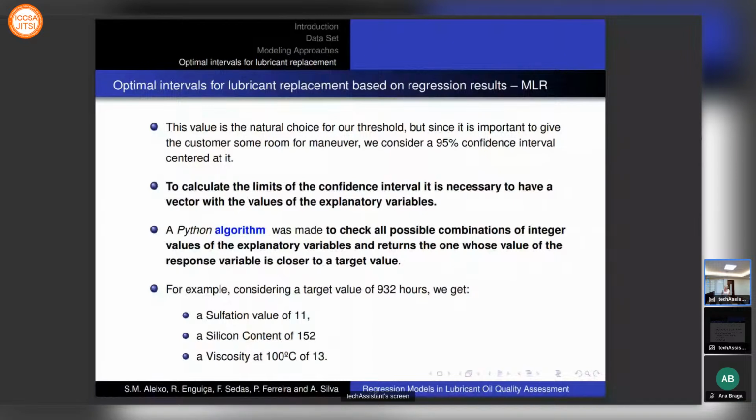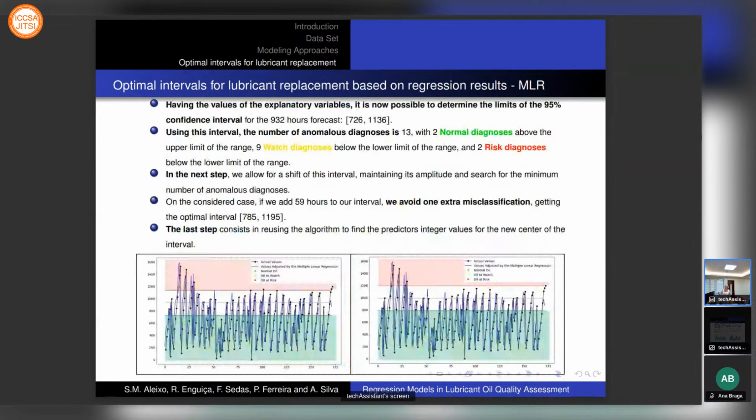So we use a Python algorithm to check all possibilities, combinations of integer values of the explanatory variables, and return the one whose value is closest to 932 hours, and these are the values of the variables for this case. And we can find this interval here.